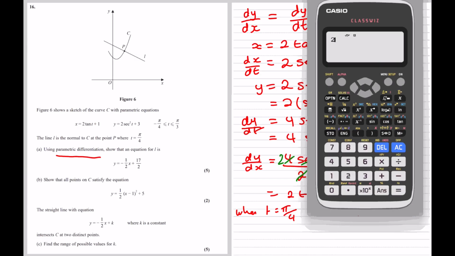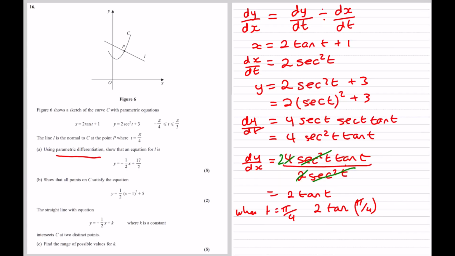So 2 tan pi over 4 is 2. So that'd be the gradient of the tangent. The gradient of the tangent would be 2. So the perpendicular gradient is minus a half. The perpendicular, negative reciprocal, minus a half.